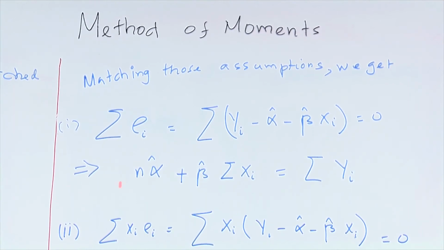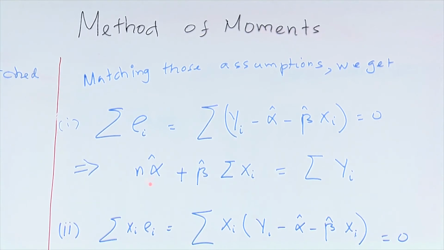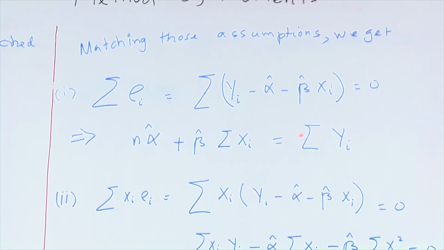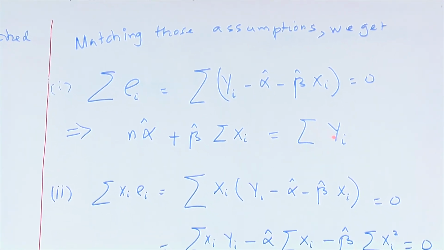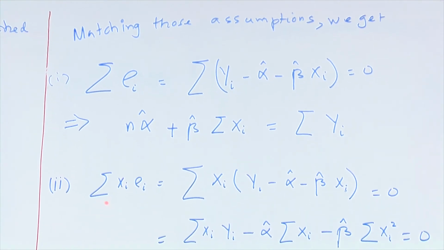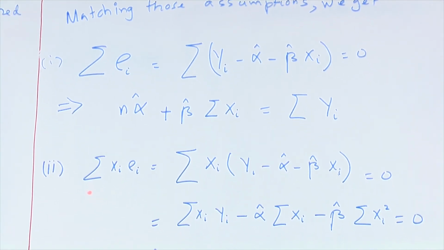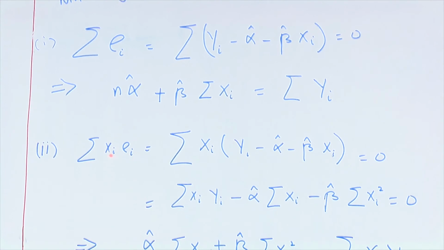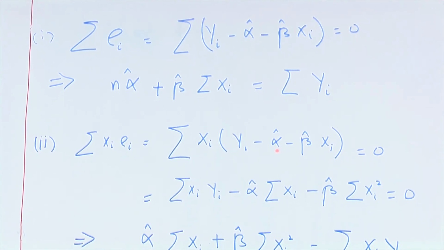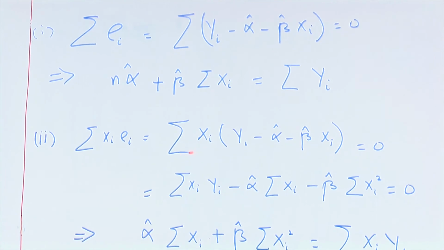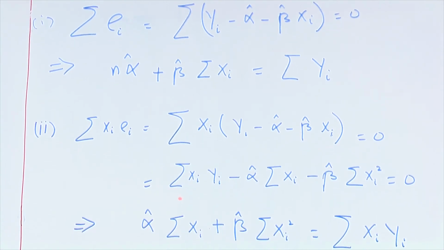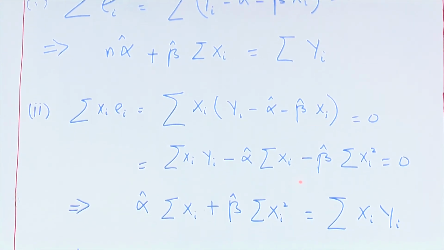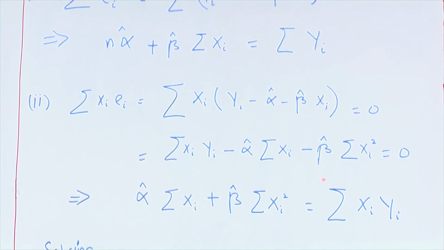So, this implies, as we saw before, n alpha hat plus beta hat sigma xi is equal to sigma yi. Similarly, for the covariance moment, sigma xi ei, we substitute ei, that is yi minus alpha hat minus beta hat xi, and we get the expression sigma xi yi minus alpha hat sigma xi minus beta hat sigma xi square equal to 0.